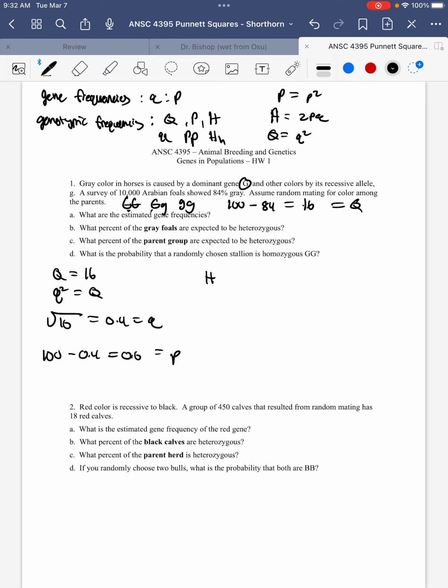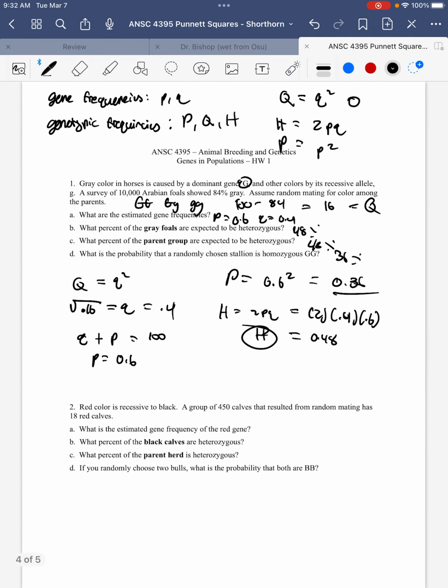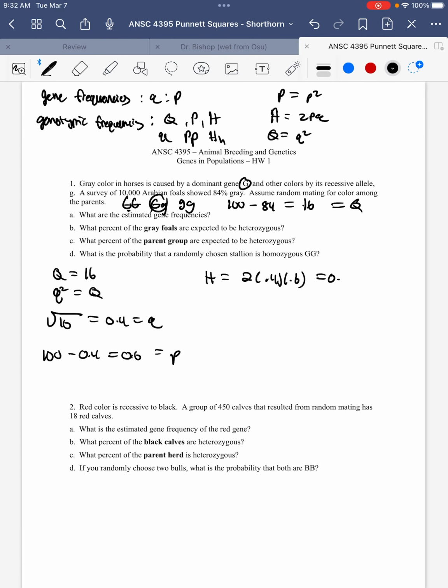So H, which is our big G, little g, is going to be 2 times 0.4 times 0.6, which comes out to 0.48. Then our big P is equal to little p squared, which is 0.6 squared, which is equal to 0.36.